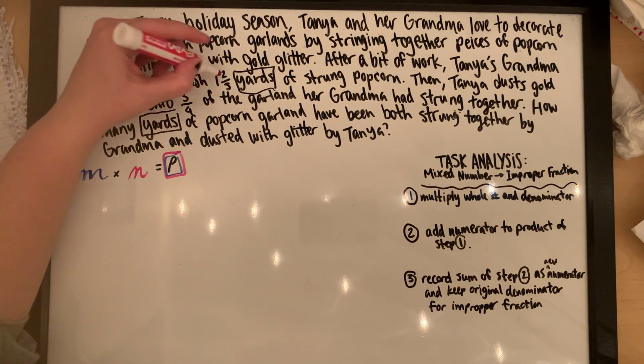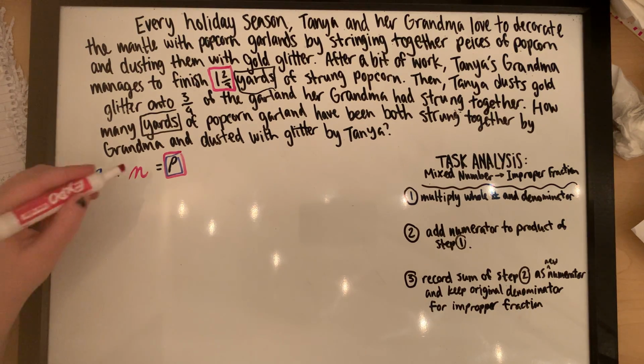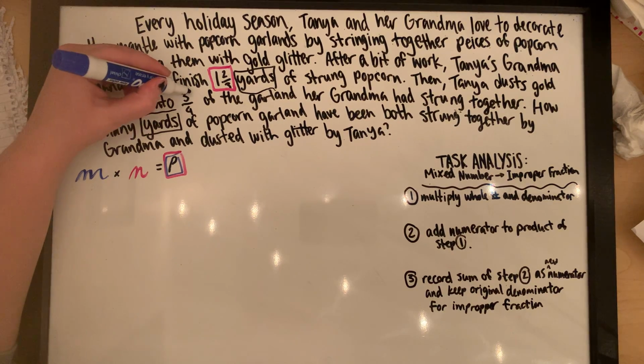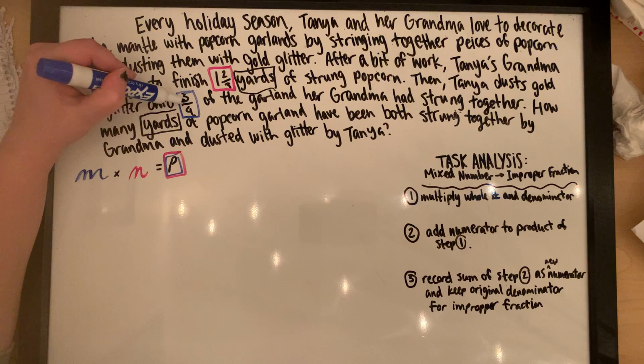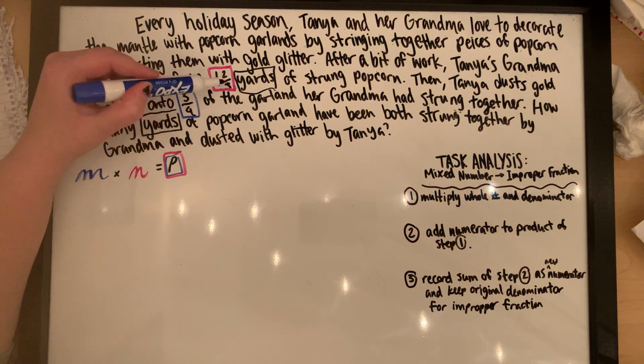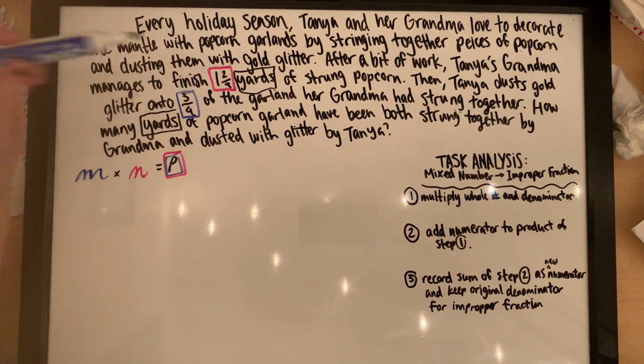So that's how we can tell 1 2/3 is going to be our n value, and leaving 3/4 as our m value, because we're finding 3/4 of this 1 2/3 yards of garland that Grandma has strung together.